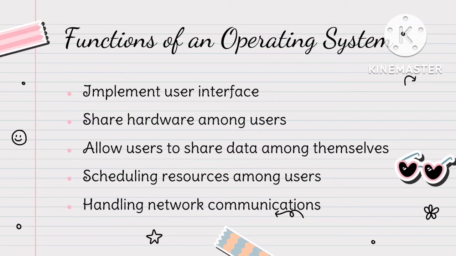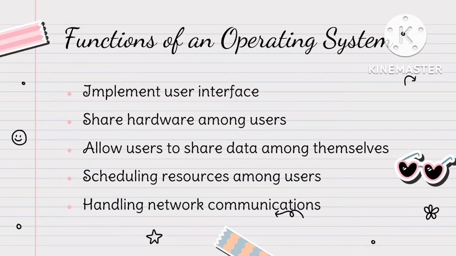The main functions of an operating system are simplifying the user interface, the taskbar, the file manager, the file explorer, whatever we see, so that they are simple and easy and even a layman can open them. That is the specialty of the operating system. It also helps to share resources, hardware like the printer and mouse, among the users, because nowadays multiple users can log in and use the same PC, like admin login, guest login, and student login.